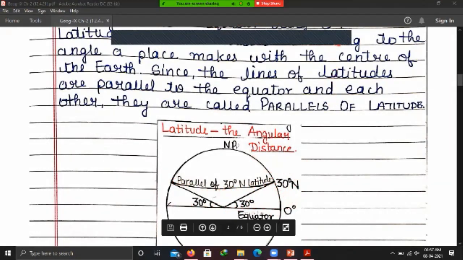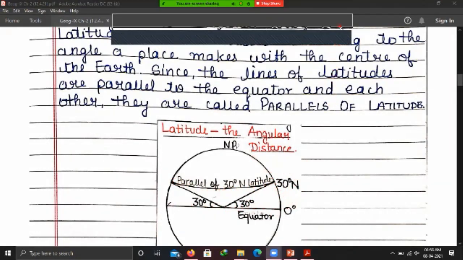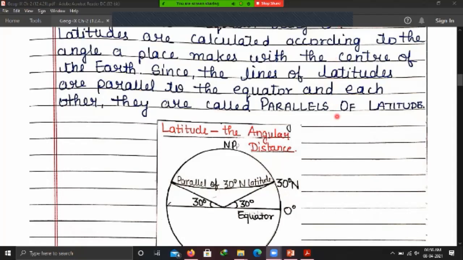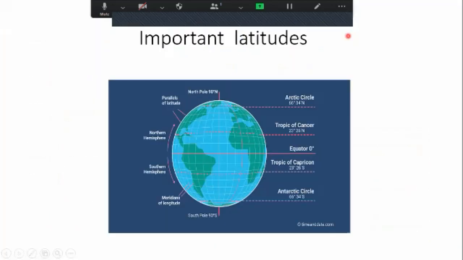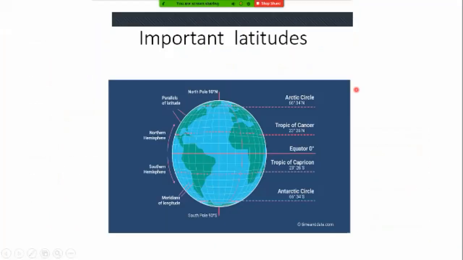Since the lines of latitude are parallel to the equator and each other, they are called parallels of latitude. Each parallel of latitude is a full circle. However, only the equator is a great circle.